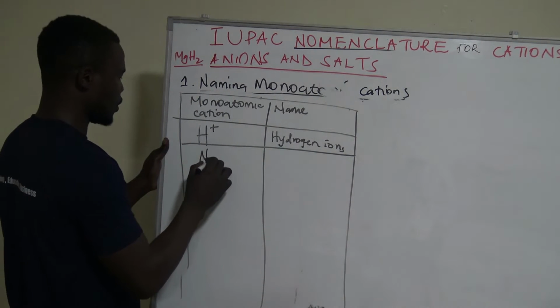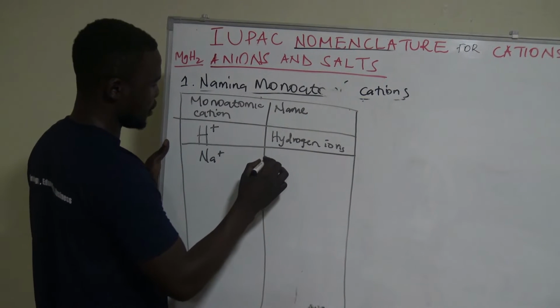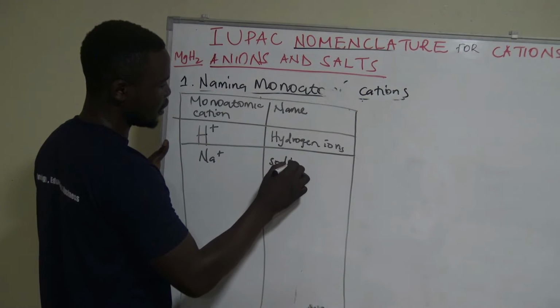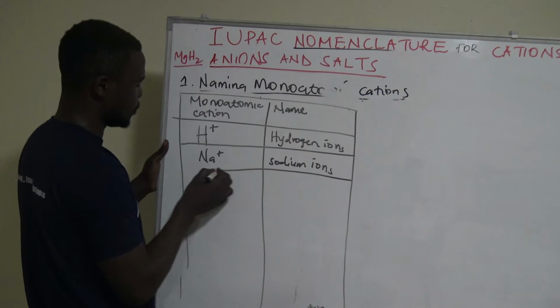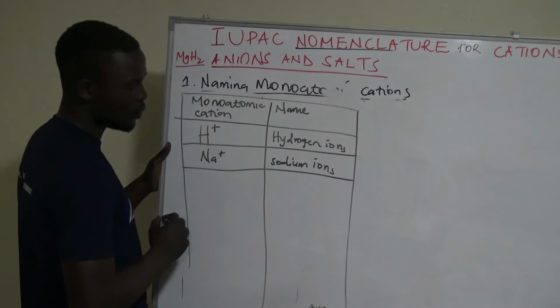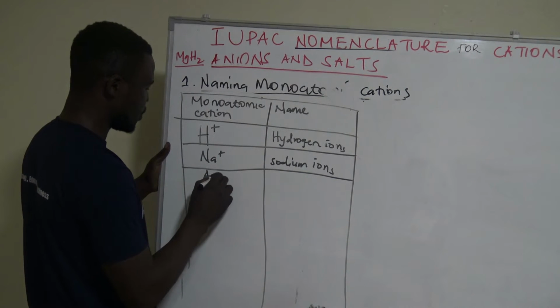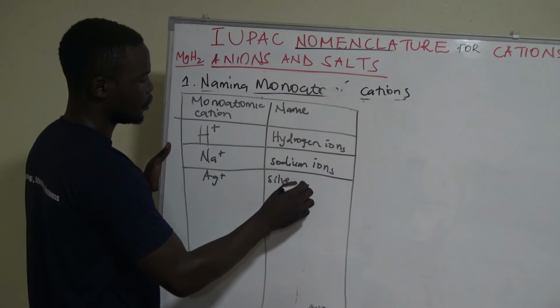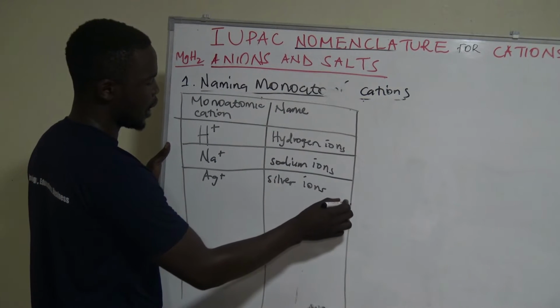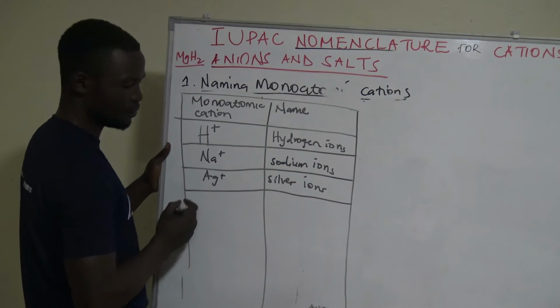For example, we can look at sodium. So this one shall just say sodium ions, because we know sodium exhibits one valency. We look at guys like silver. So these are silver ions. Don't waste time by saying silver one.